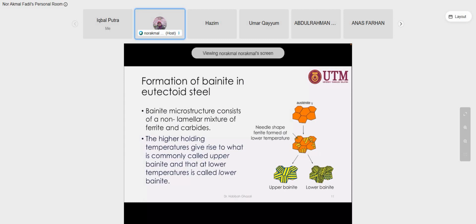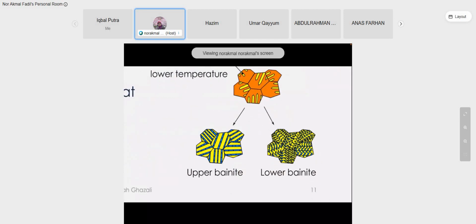Upper bainite is not much different in structure compared to pearlite, actually, and in lower bainite you can see a very fine composition of what we call cementite. Remember cementite, or if there is a large space of ferrite, this white area is associated with softness.